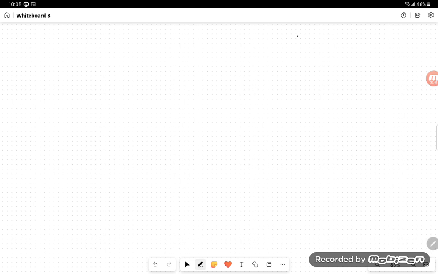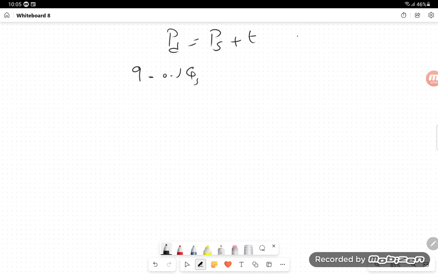In this case, equilibrium will be achieved when PD equals PS plus T. PD is 9 minus 0.5 QD, and PS plus 3 is 1 plus 1/3 QS plus 3.